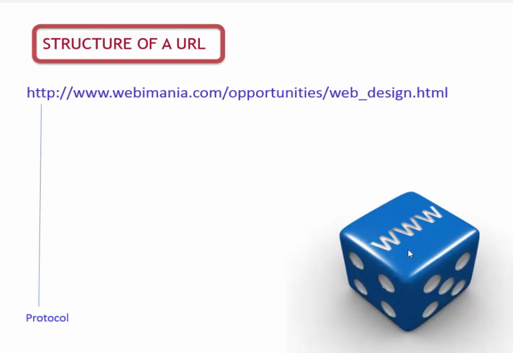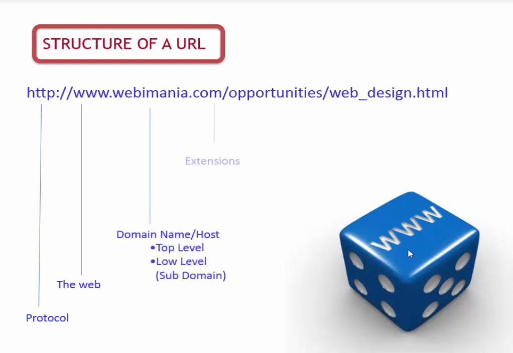And then the next part is the domain name, which is www.webmania.com. So the www stands for World Wide Web. Then the domain name, the name of the host, is Webmania, while the .com is the extension. And then the other part you see, the opportunities, and the other thing you see is called the path.